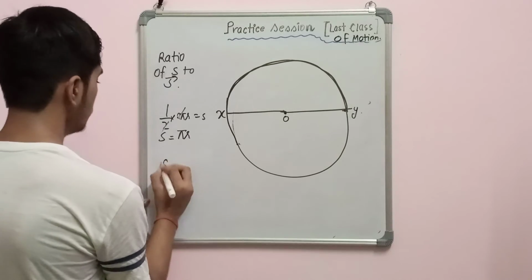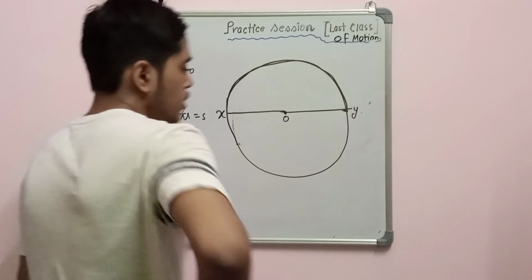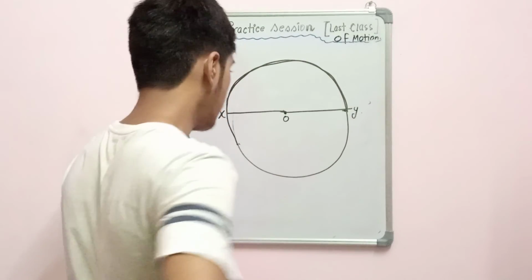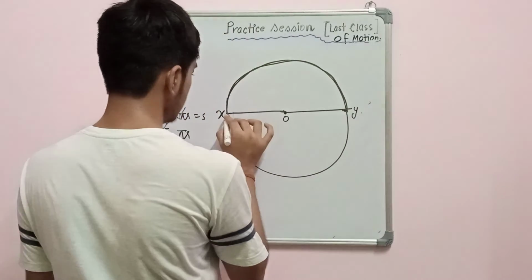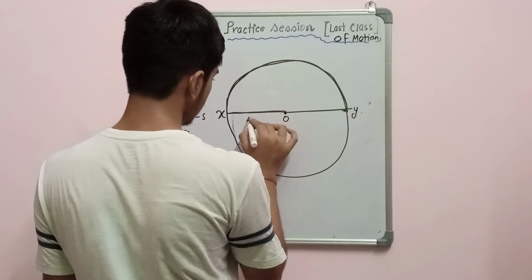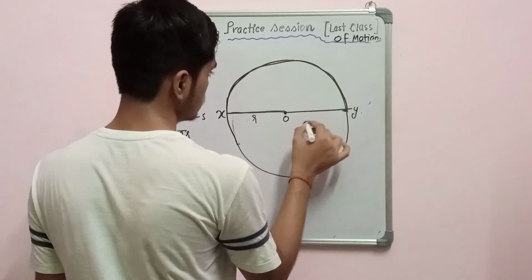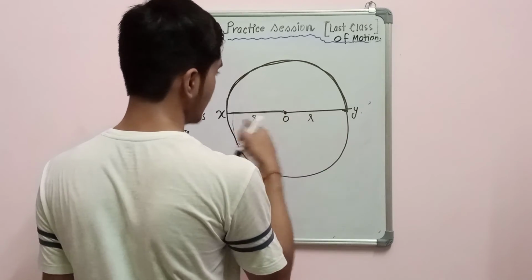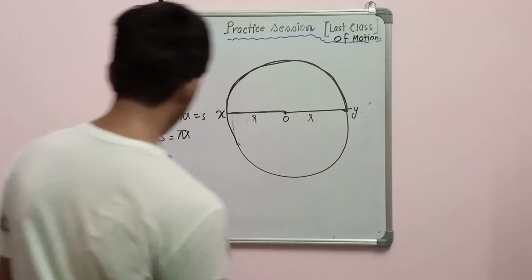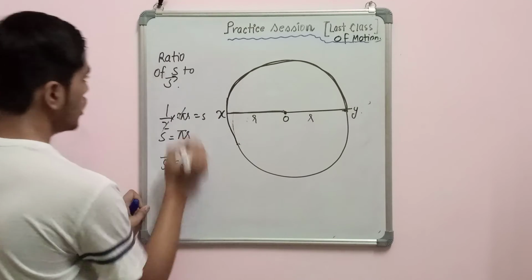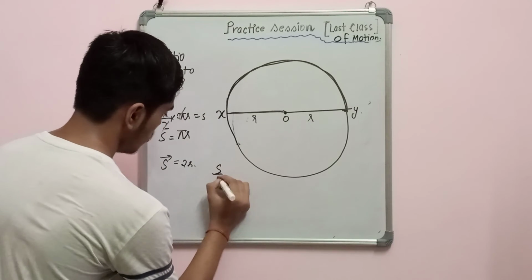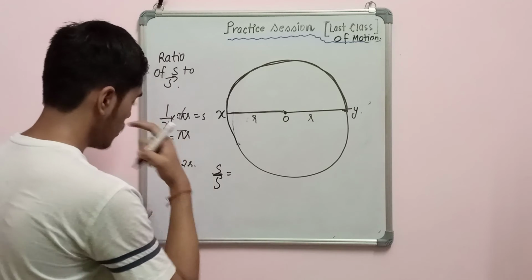Now what will be the displacement? The shortest distance between initial and final point. So this is X, let us say this is r, and this is also r. So r plus r will become 2r. Now let us calculate distance upon displacement.